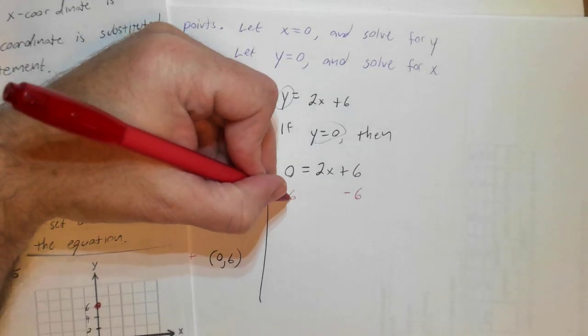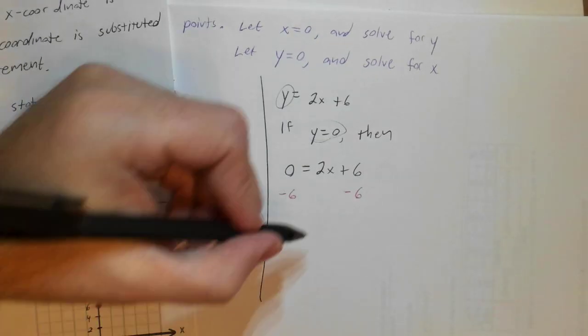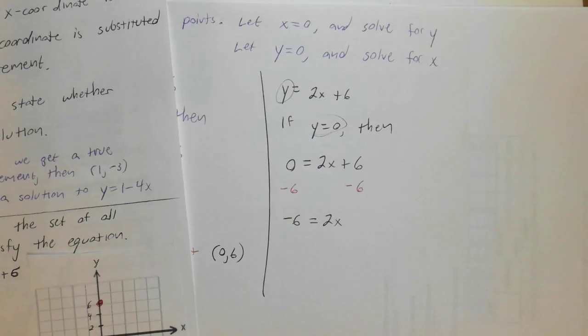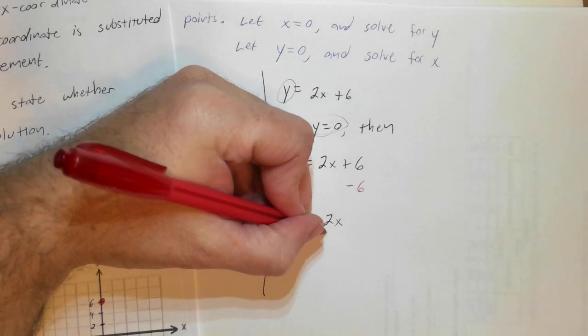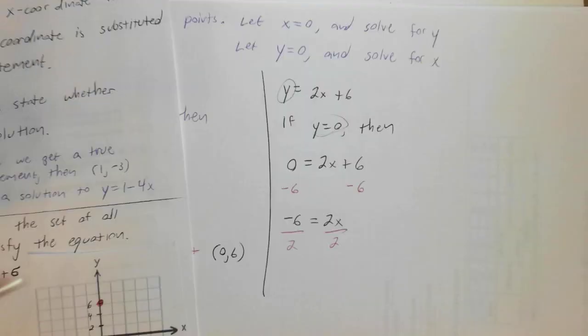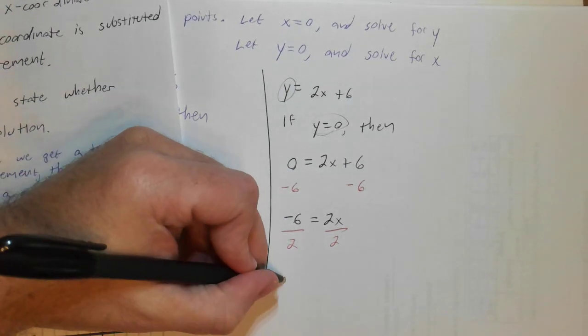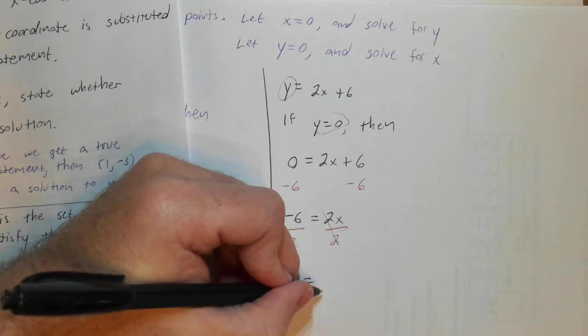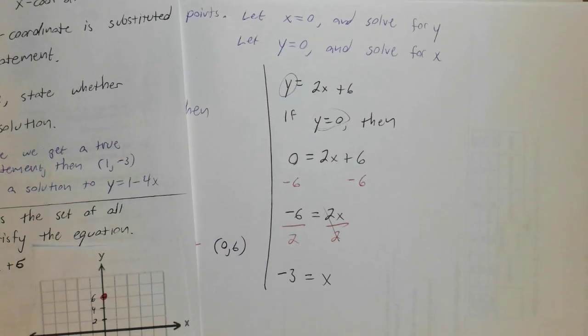We're going to keep it as simple as possible and do as little algebra as we have to. If I subtract 6 from both sides, I get minus 6 plus 0, which is minus 6, equals 2x. Then I divide both sides by 2, and I get minus 3 equals 2 over 2. Those cancel, so I get minus 3 equals x.